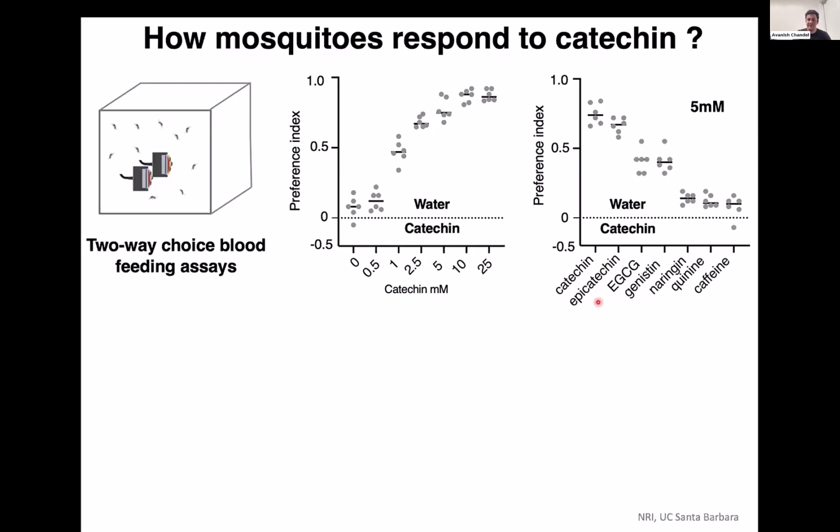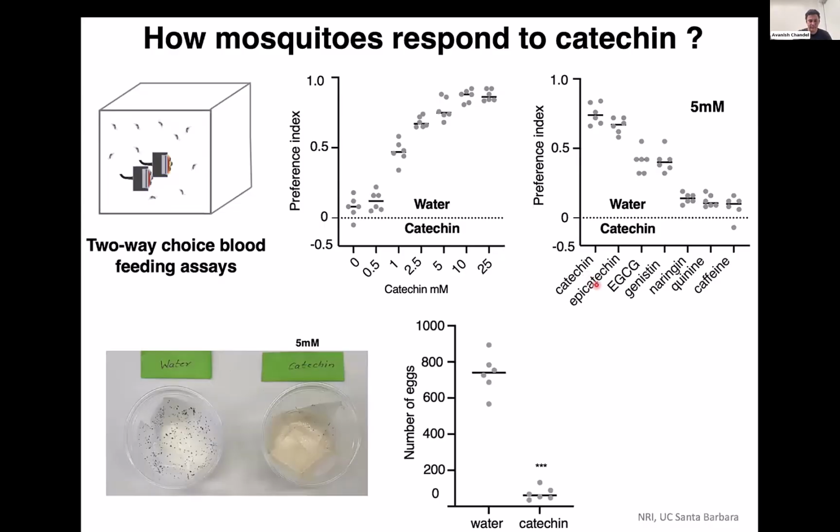We also took some standard flavanols, which are structurally similar to catechin, like epicatechin, EGCG, and genistein, but we also took some very bitter chemicals like quinine, caffeine, and naringin, which are standard bitter chemicals. And we found that mosquitoes are not avoiding these standard bitter chemicals, quinine, naringin, caffeine, but they are only avoiding this specific class of bitter chemicals that are structurally related to catechin.